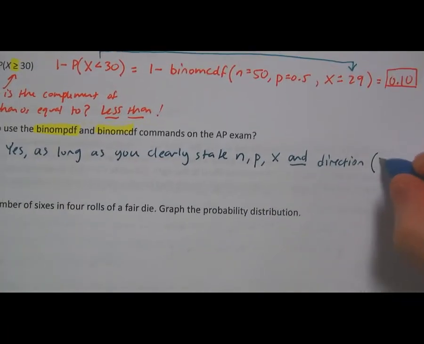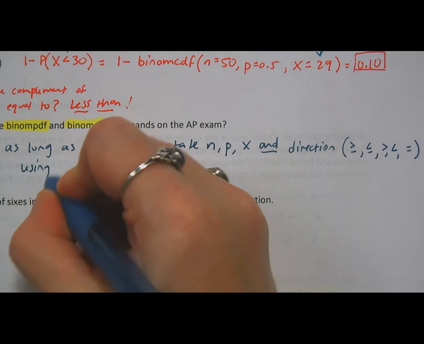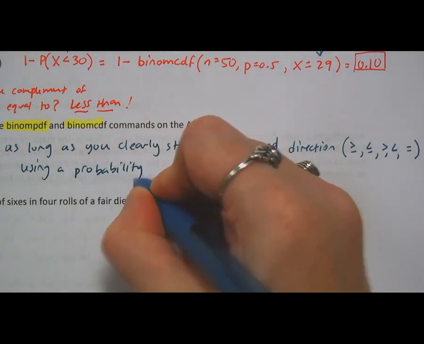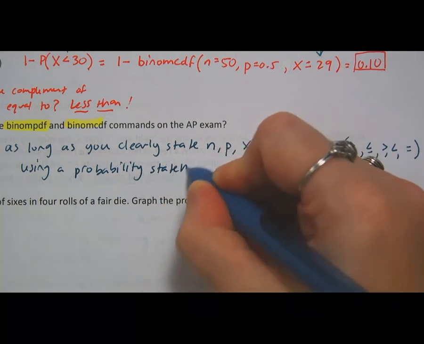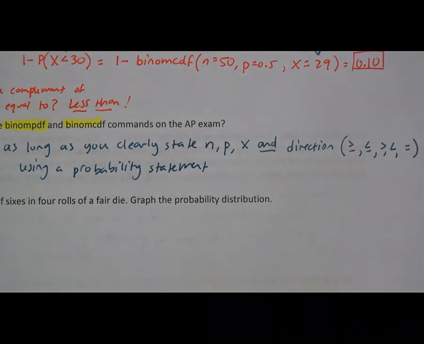That means use a probability statement with a symbol in it. When in doubt, just do things the way that I model them for you in the notes, okay? There are no shortcuts, or I would definitely be showing you those at this point, I promise. Especially in chapter 6.